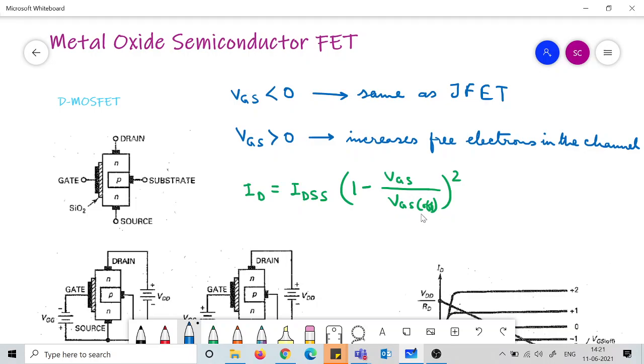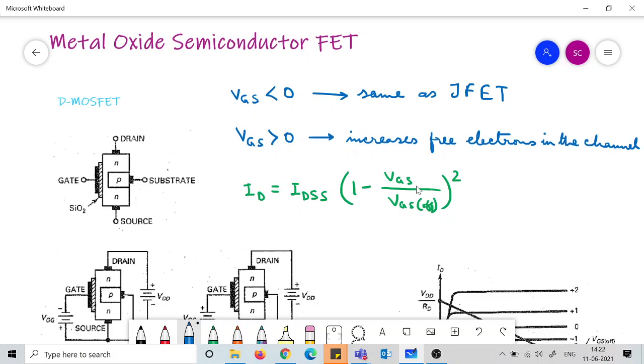VGS off is the VGS cutoff. There is a negative voltage beyond which, if we go, there is no more current. So when VGS equals VGS off, current becomes 0. But when VGS is more than 0, then you will also get some current ID which will be more than IDSS. This is what is important here.